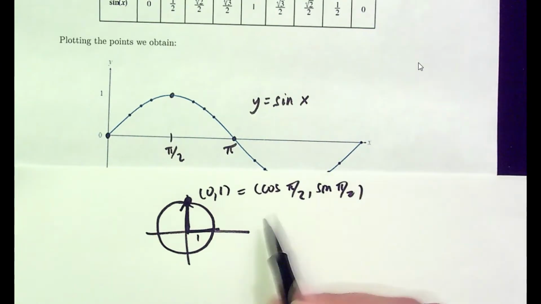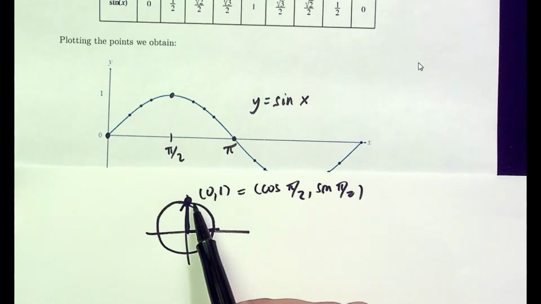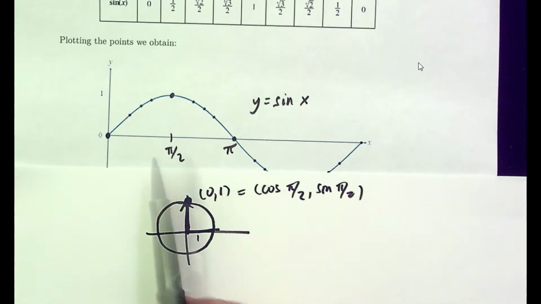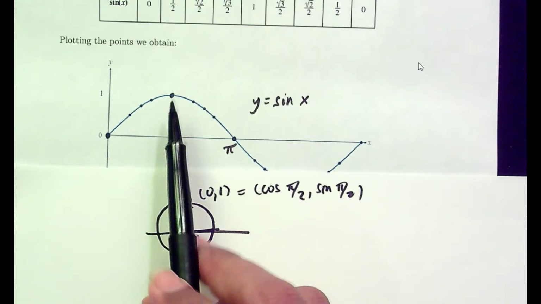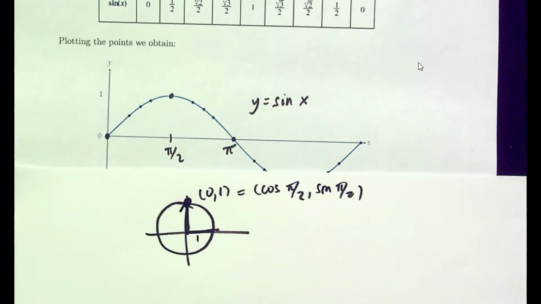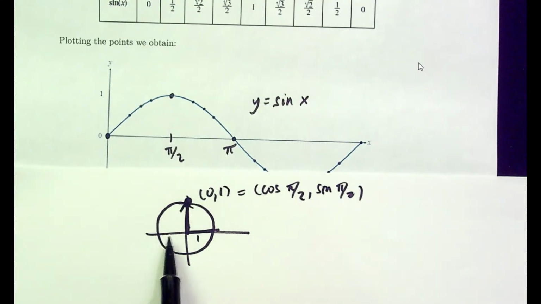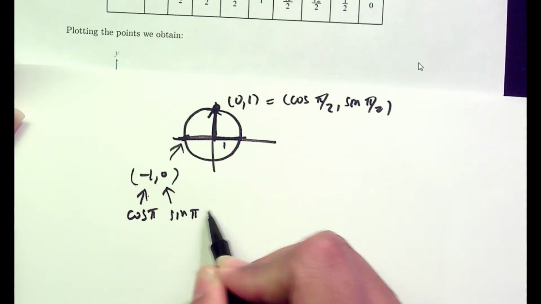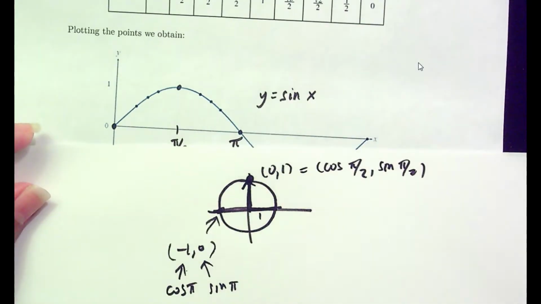So the cosine of pi over 2 is 0, and the sine of pi over 2 is 1, which is what is right here. Similarly, if you have the angle pi, or 180 degrees, the coordinates of that point are -1, 0, the cosine and the sine. So the cosine of pi is -1, the sine of pi is 0, which is what we have right there.